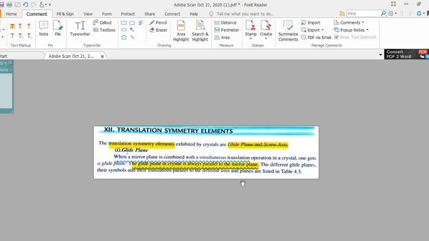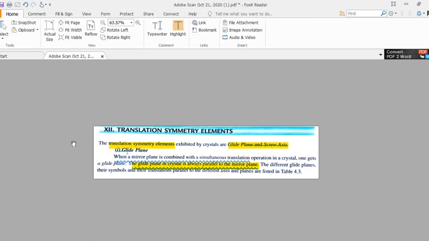In case of a space group symmetry, you are combining your translation symmetry with glide plane and the screw axis. What is a glide plane? A glide plane is basically when a mirror plane, that is a reflection plane, is combined with a translation.